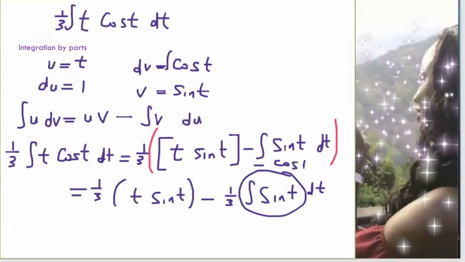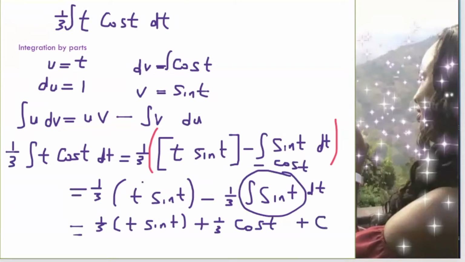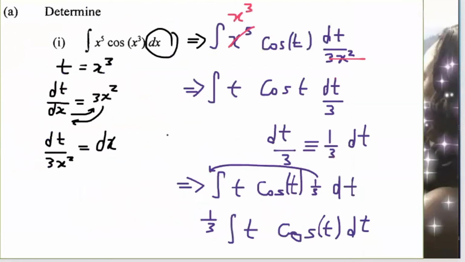Now this negative sign will affect the minus sign that's in the formula, so there will be a change in sign to be plus. So I have 1/3 t sine t. Then here I will have plus, because negative times negative is positive, 1/3 cos t plus our constant, c or k, whichever one you prefer, or a.